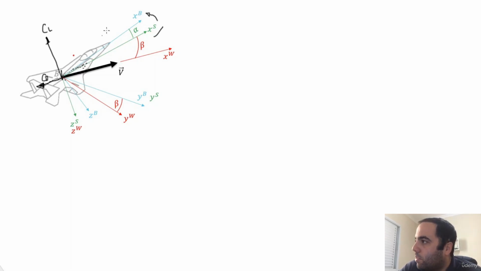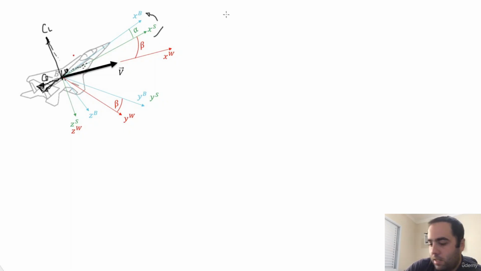And if I want to convert it to the body axis, as you can see here, we need to get this component here from the CD, and we also need this small component here from the CL. Since we have a positive x pointing forward here, the CL component is going to be a positive one, and the CD component is going to be a negative one.